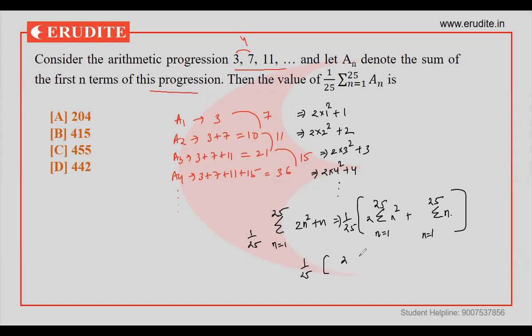This is nothing but n into n plus 1 into 2n plus 1 by 6, right? And this is n into n plus n into n minus 1 by 2.